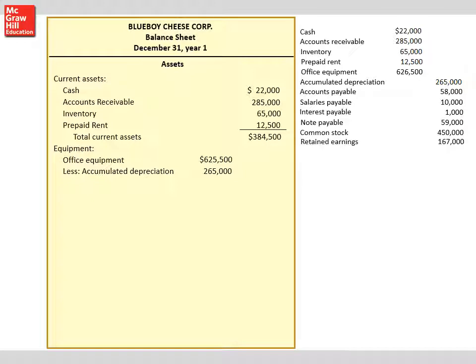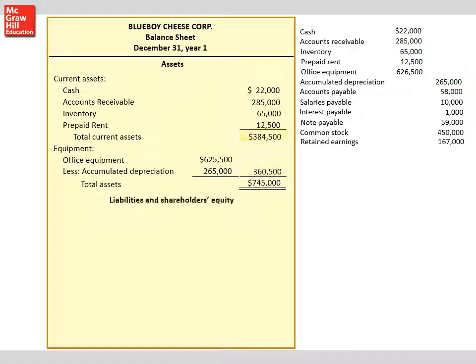We've expensed $265,000 of it as depreciation. So our book value is $360,500, and that's what's reported on the balance sheet. Add the total current assets to the amount of equipment, and you get total assets of $745,000.